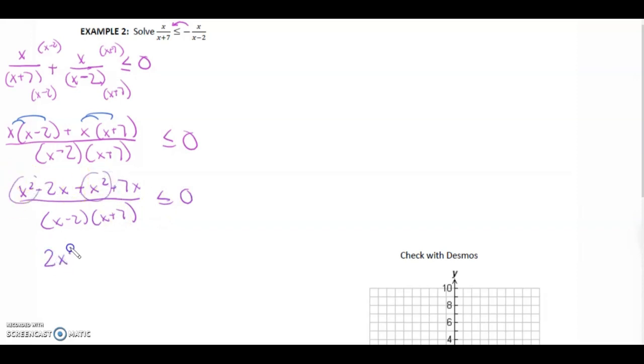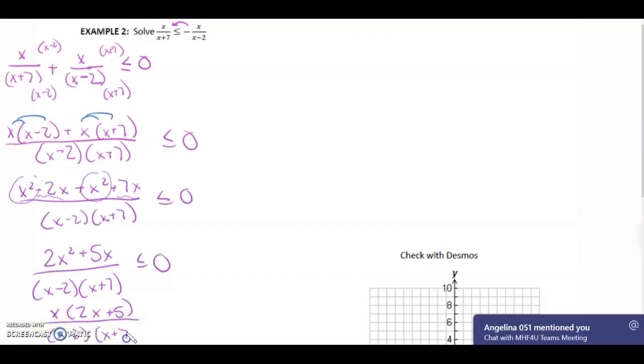So we get 2x squared, and then negative 2 plus 7 is plus 5x, all over x minus 2, x plus 7. I'm going to factor out an x from the numerator, and leave the 2 and the 5 because it doesn't make anything simpler.